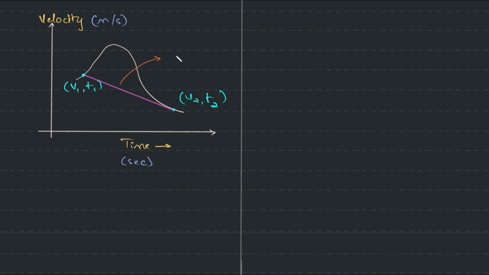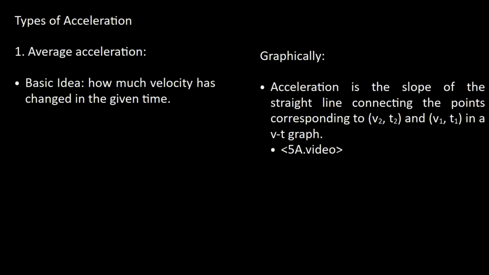And the slope of this connecting line will give you guys acceleration. That's it, right? So let me make this a dotted line as well. So acceleration is the slope of a straight line connecting the points corresponding to V2 T2 and V1 T1 in the VT graph.